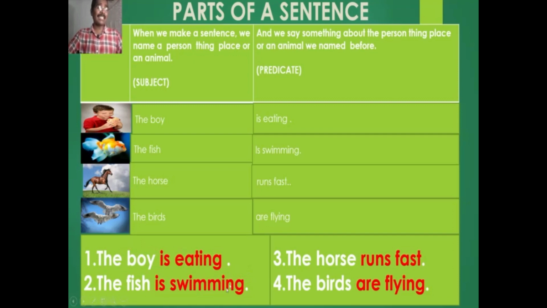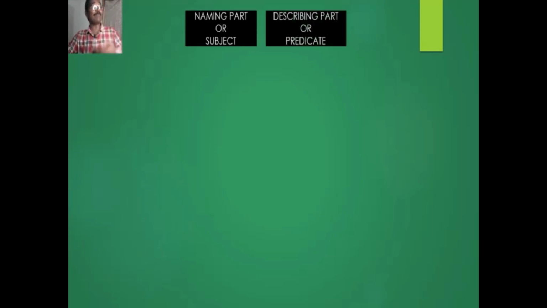The parts of the sentences which are red in color are the predicates. If we go to the next step, with some more examples, naming part or subject. What can we call the next part? Describing part or predicate.